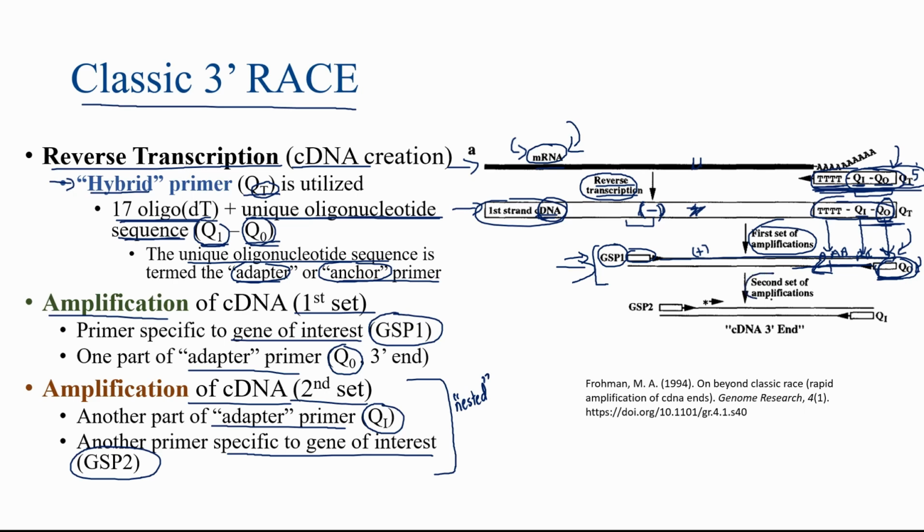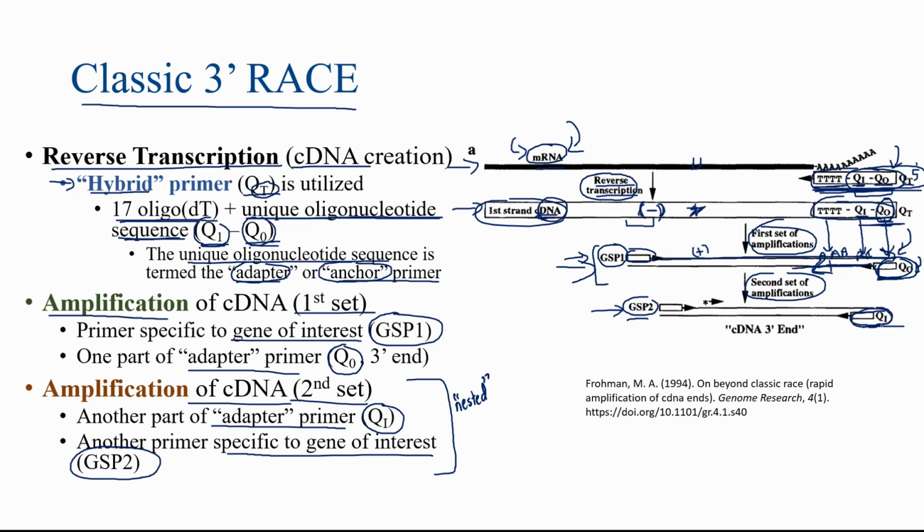So in the second set of amplification, you will have a Q internal part, and you will have the GSP2 primers. These are both primers here. So the GSP2 primer, well, actually, let's begin with the Q internal part here.